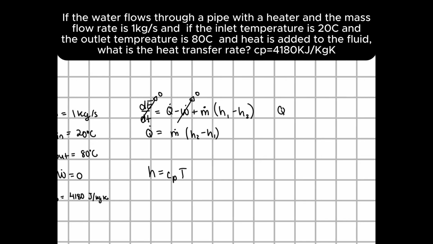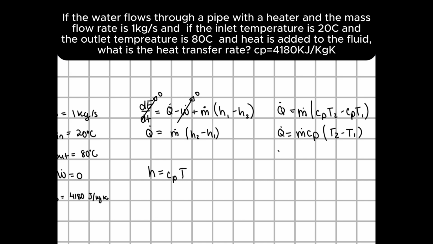Q dot equals m dot times Cp T2 minus Cp T1, which we can factor out, so we have m dot Cp times T2 minus T1.